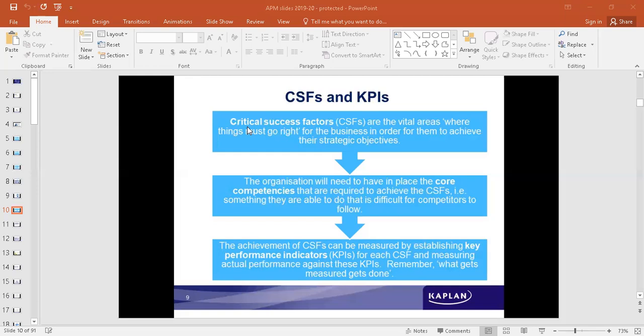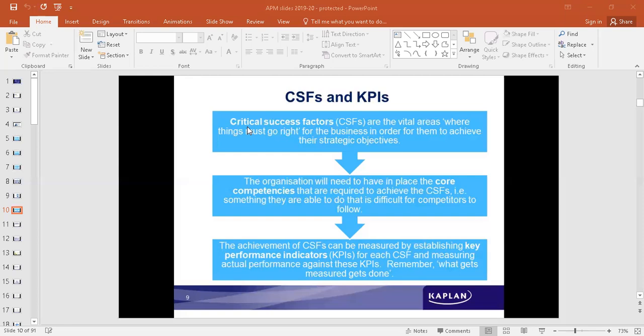But for the organization to achieve its CSFs, there are competencies that are needed. So here in this case, we have 4 competencies. What does core competency mean? Those factors which the business alone has, where the competitors cannot match them. So something which they are good at. Those are called core competencies.